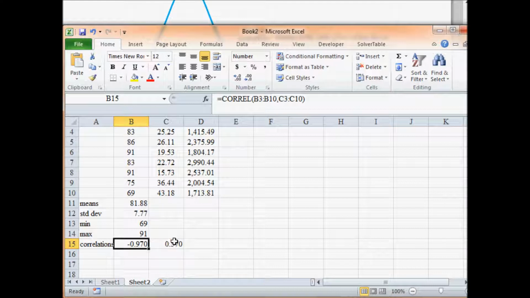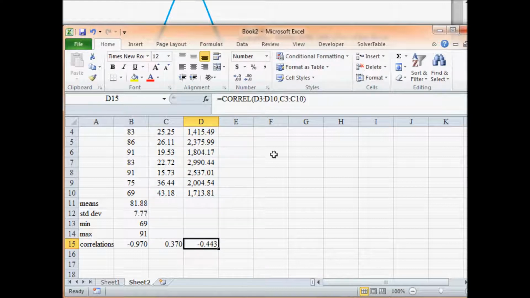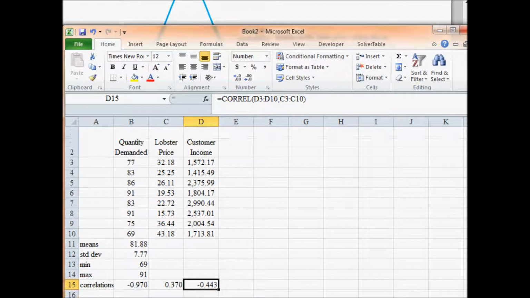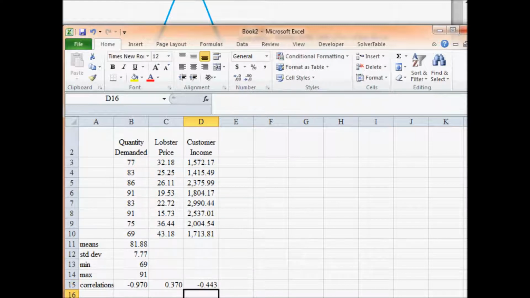Now, I also want to calculate the correlation between the x's, the two x variables. The correlation between the two x variables is -0.443. If that correlation is large, say -0.9 to -1 or 0.9 to 1, then there might be a multicollinearity issue.